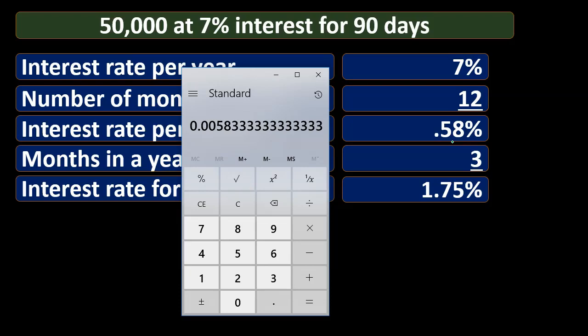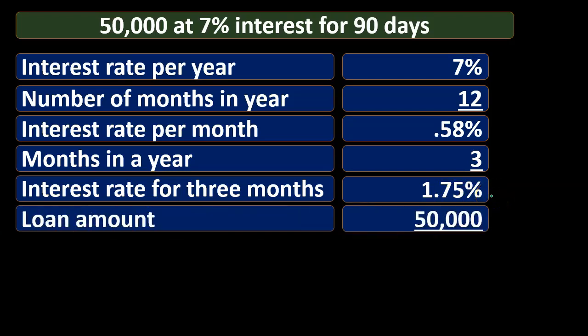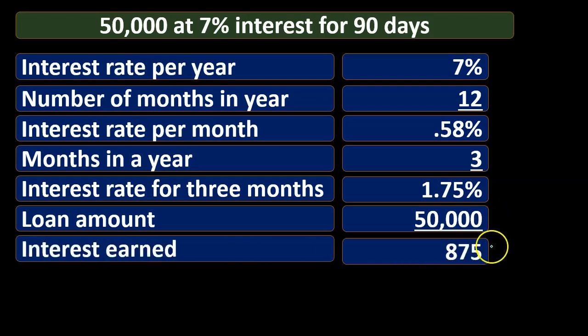This isn't 58%, remember. 0.58, big difference. And then we're going to take that times the number of months, 3, and that's going to give us 0.0175 or 1.75%. So this is actually exact now, 1.75%. And then we're going to take that times the loan amount, 50,000, and that'll give us the 875.